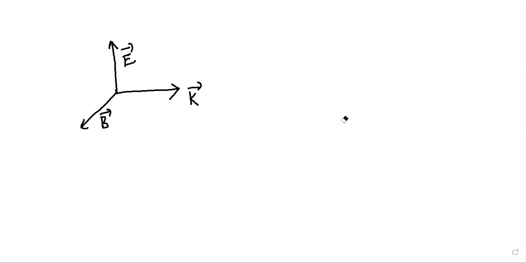So when such electromagnetic radiation is incident on a target, on matter in which there are loosely bound electrons, the electric field will exert a force on those loosely bound electrons, and they will begin to oscillate with a frequency equal to that of the incident radiation.